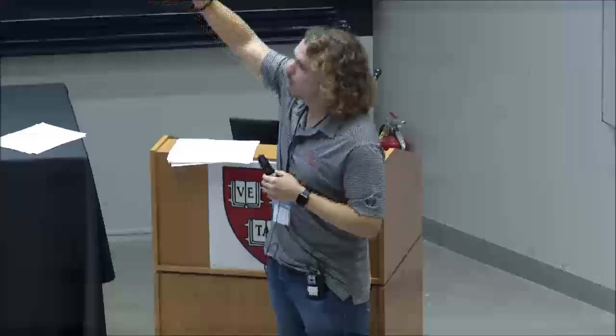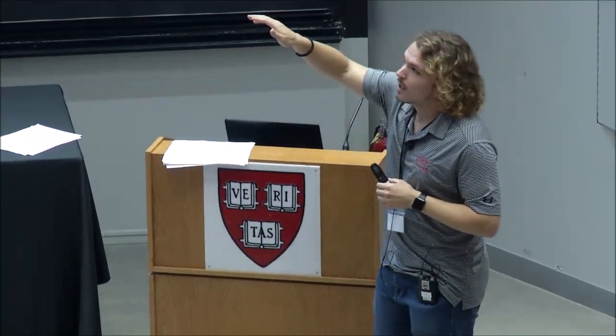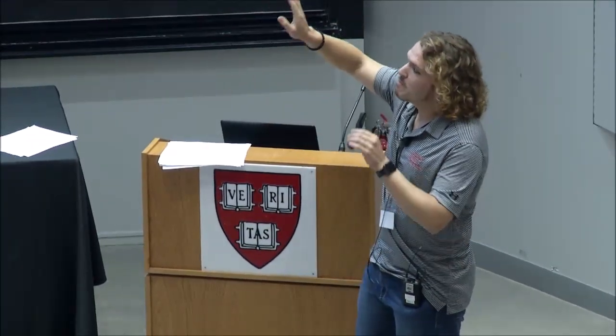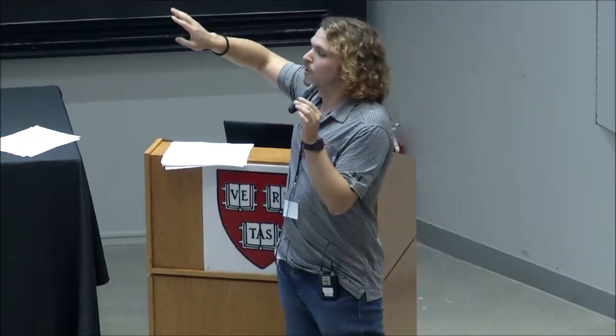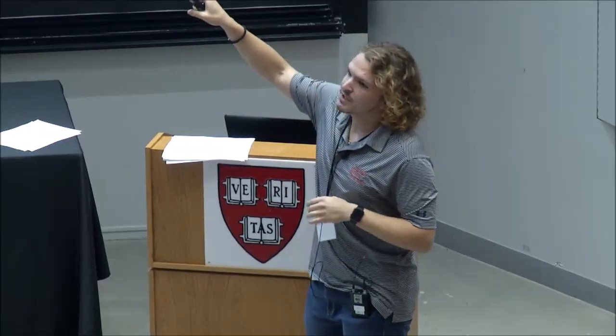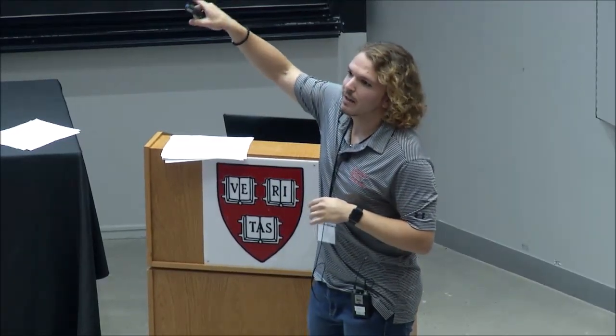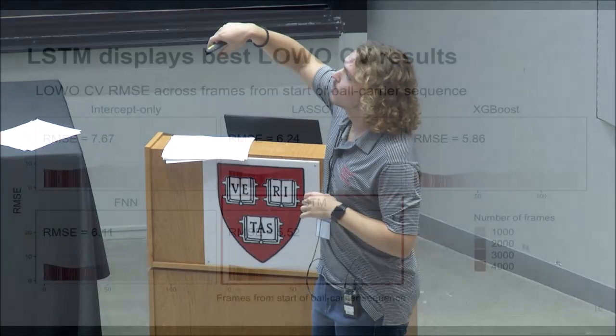The y-axis corresponds to the RMSE. Naturally, the baseline is doing best relative to the other approaches at the very beginning of a run, when not as much information has been observed. Once you start to get more information over the course of the run, you can really see the improvement in the performance of the LSTM versus other models.